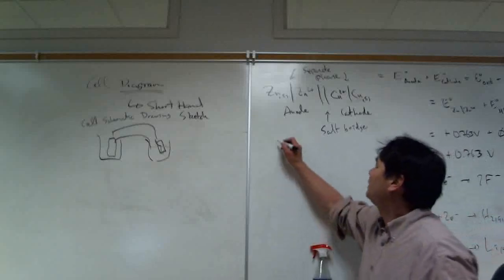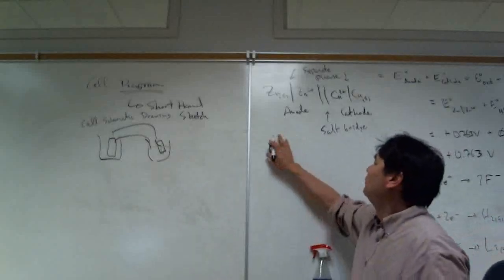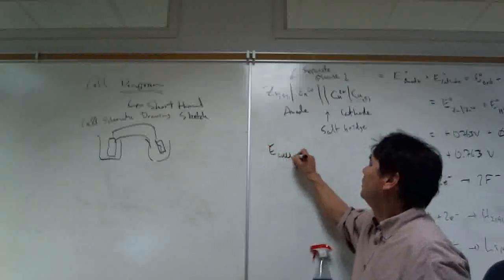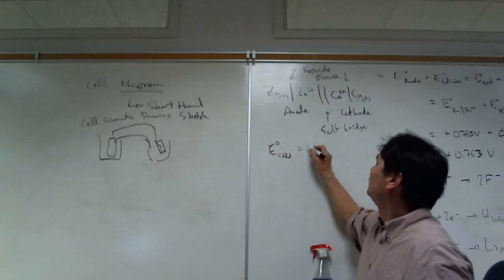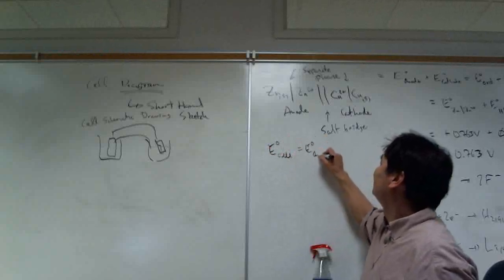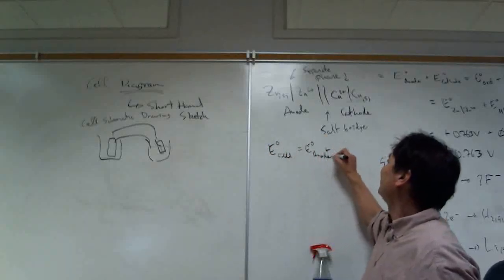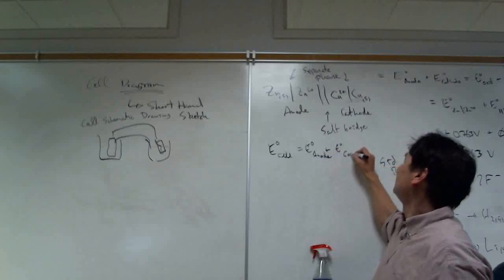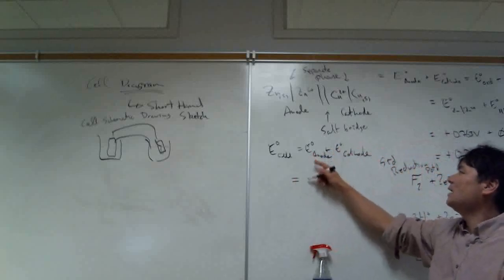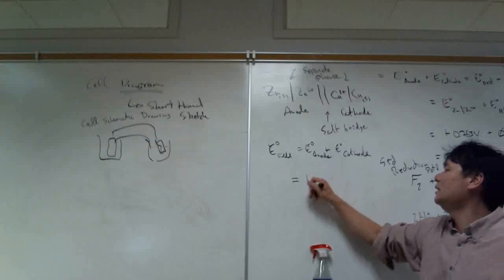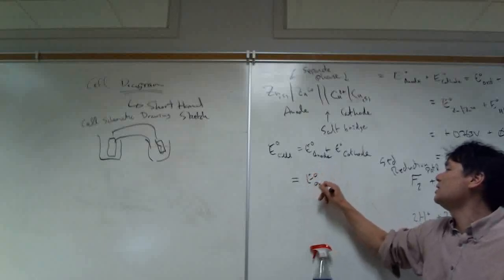And we could calculate the potential for this one. What is the cell voltage? Well, the cell voltage under standard conditions is equal to E of the anode plus E of the cathode. The anode potential is E of oxidation.